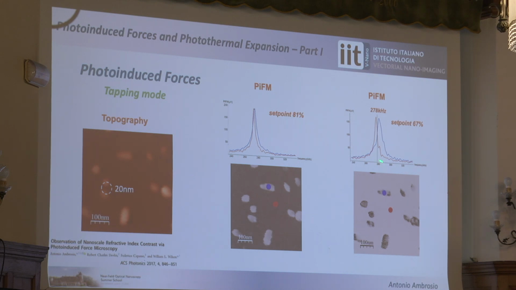But now, if I push more toward the sample, and I do the same on the two elements, the two curves are going to shift. And this is the material component. It is due to the fact that they are two different materials eventually. And now, since you decide where you want to demodulate, if I stay on the red curve, I will always have a higher signal on the cover slip than on the particles.